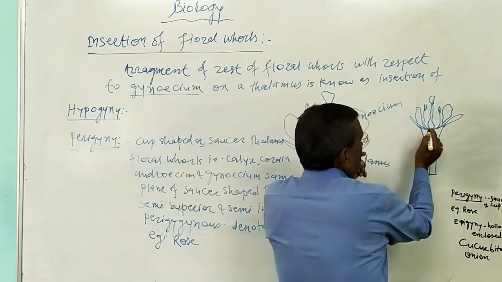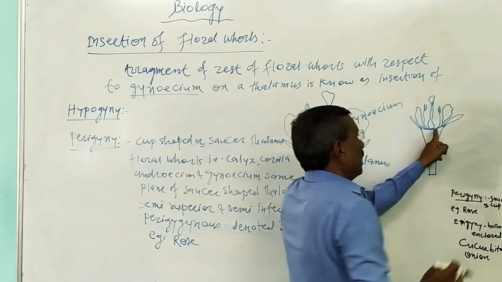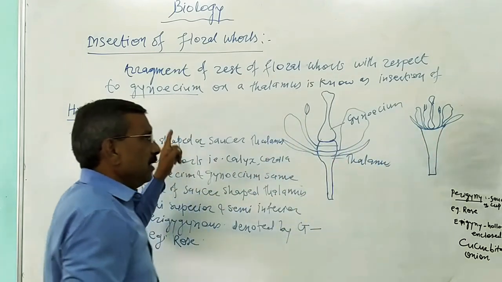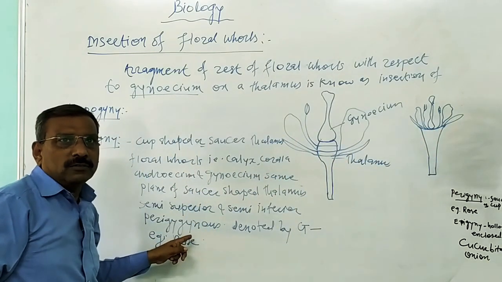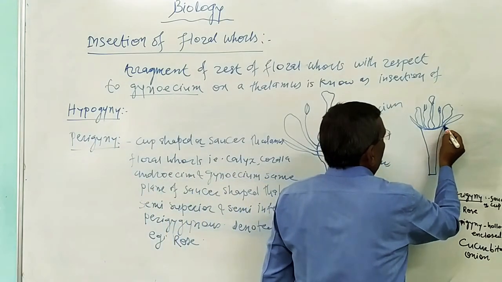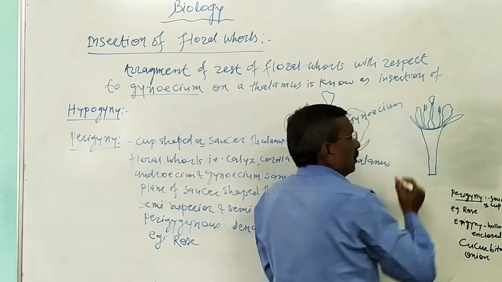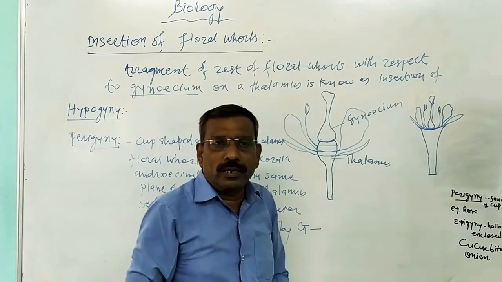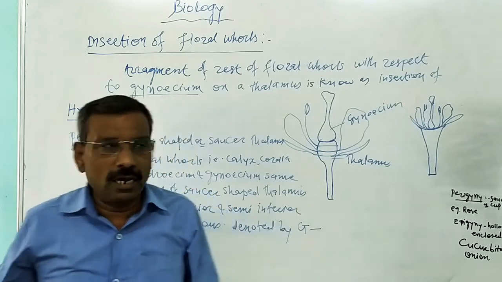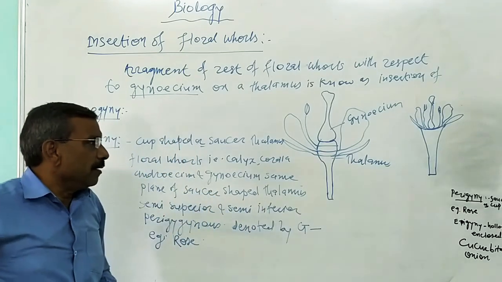All floral whorls lie on one and the same plane of the thalamus. Hence this condition is known as perigyny, and the flower is known as a perigynous flower. Since they are neither inferior nor superior, the ovary is known as half superior and half inferior.